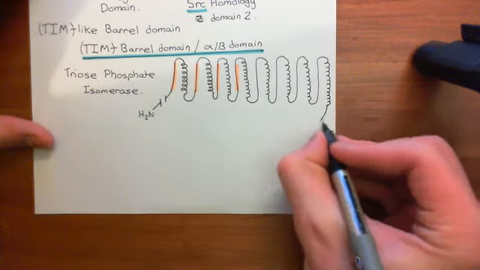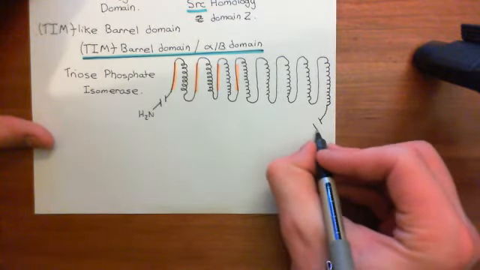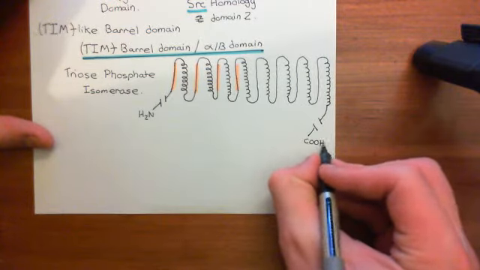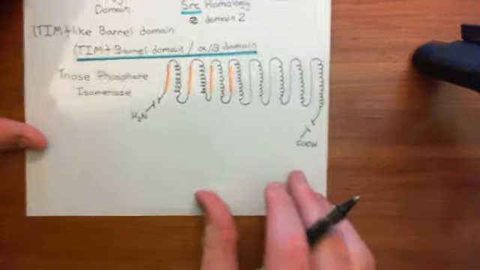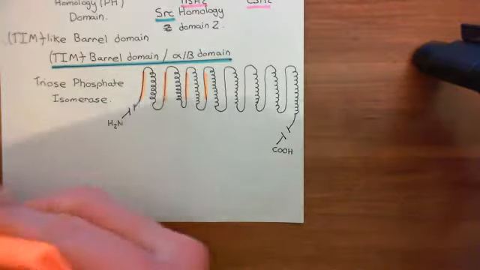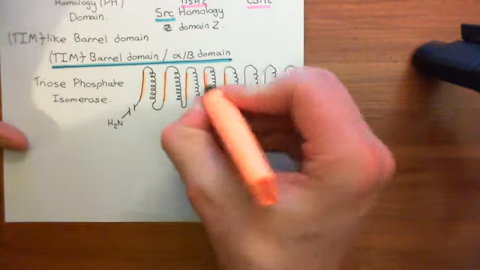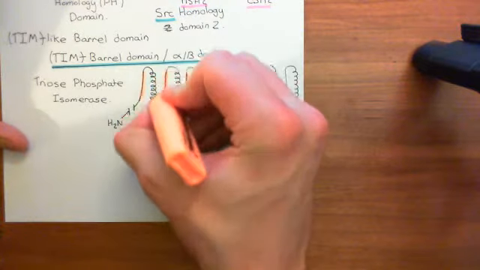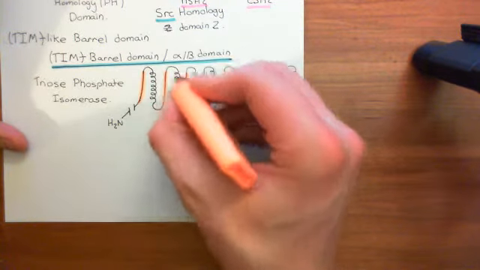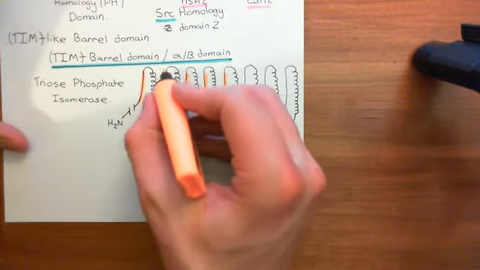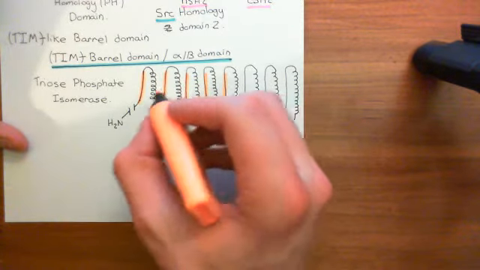Then again I'll use this nomenclature: I'll put a splitting there, and then it goes off to the carboxylic acid terminus here. So there's all sorts of things in between there. To avoid having to draw this out again, I'm going to color code them. In orange here we have the beta strands, which are all beautifully parallel with one another, so the polypeptides are all oriented in the same direction.